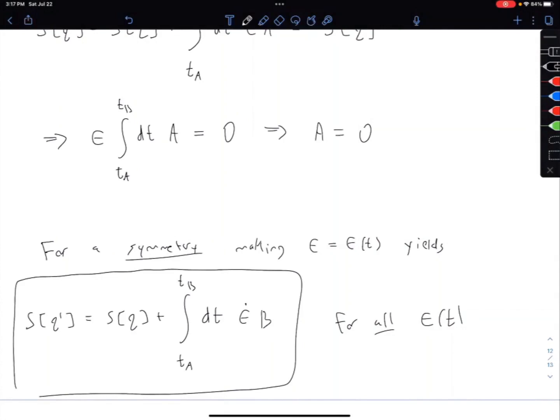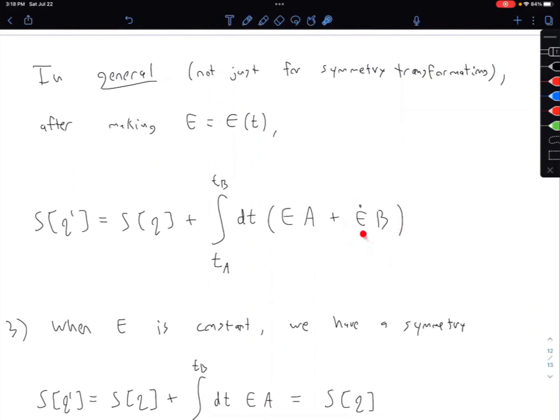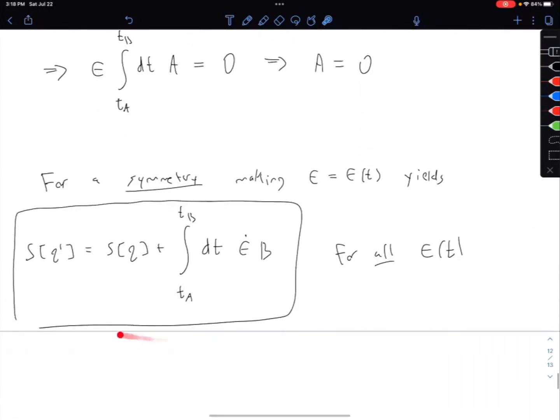Harmonic says for an epsilon that depends on time, you said that it's only a symmetry of epsilon. Yes, that is correct, Harmonic. Oh, I see what you're saying, Witten fanboy. You were asking why I was able to get rid of this term for a symmetry. That's because, forget symmetry, when epsilon is constant, this goes away. And furthermore, we said that when epsilon is constant, we have a symmetry. We put those two statements together. This is the conclusion.